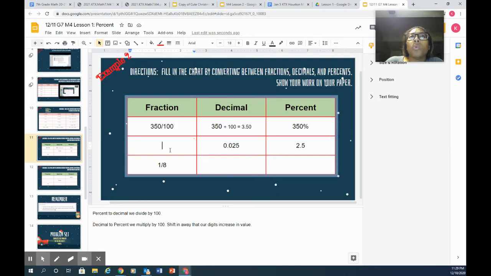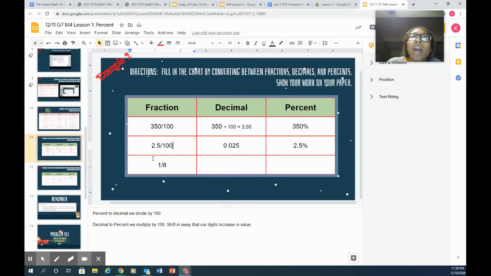So how do we write this as a fraction? Well, once again, this is 2.5%. This 2.5% represents 2.5 out of 100. So we could write this as 2.5 over 100.